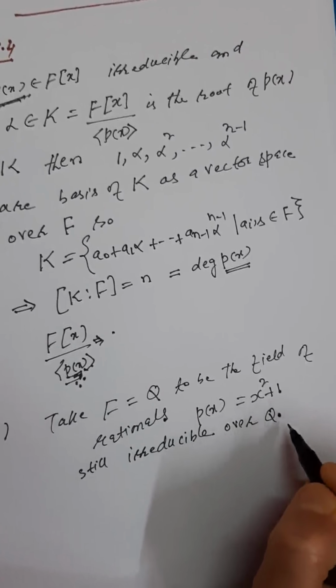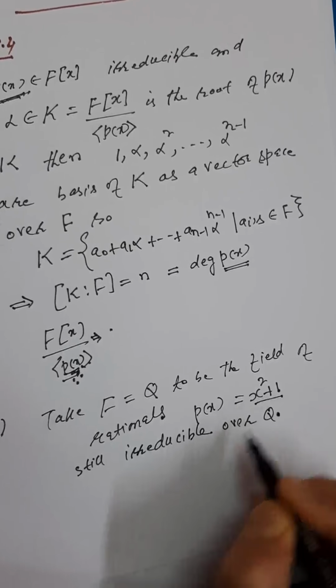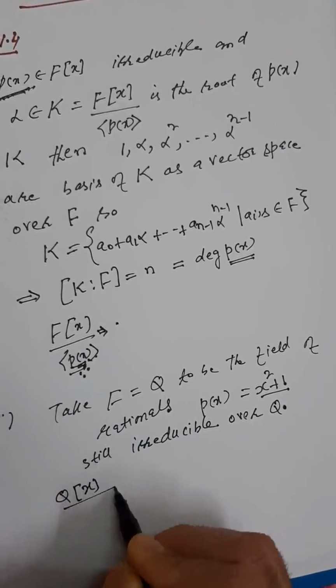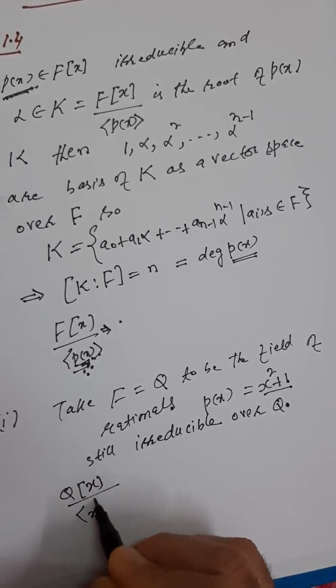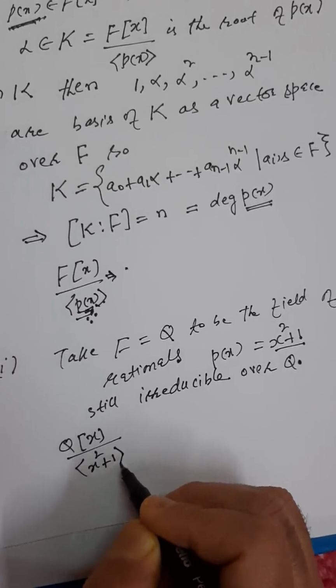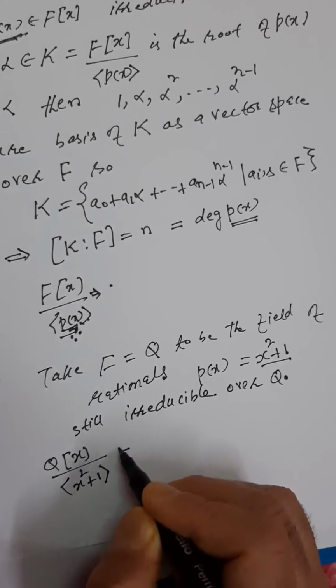Once this polynomial is irreducible, we obtain this extension of Q, which is Q[x] modulo the ideal generated by x square plus 1. And what is this extension?